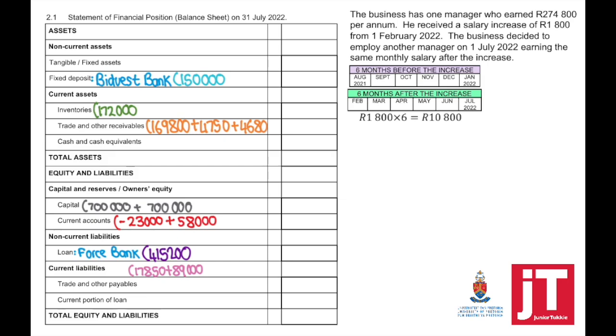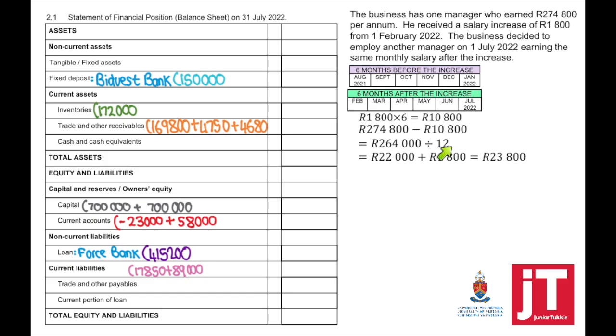When we start with the calculation, step number 1, find out what the total increase amount was. He earned 1,800 more, so 1,800 times 6 equals 10,800. Now we're going to deduct that from the total he earned in that year. 274,800 minus 10,800 equals his salary for 12 months without any increases.